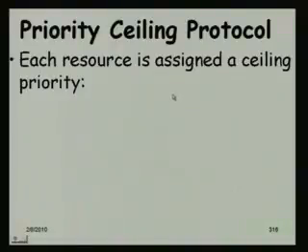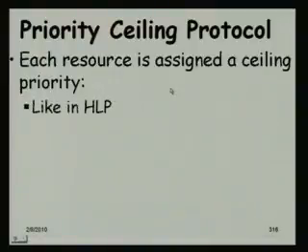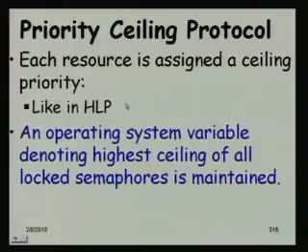Here, just like the highest locker protocol, a ceiling priority is computed for every resource. But in the highest locker protocol, whenever a resource was acquired by a task, its priority was raised to the ceiling value. Here it does not occur like that. Here we have an operating system variable which denotes the highest ceiling of all locked semaphores.